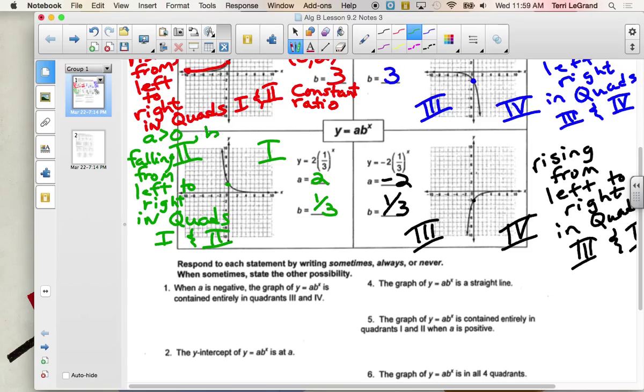And B we're going to have to write a little bit differently, you guys. It's going to be written as a compound inequality: B has to be between 0 and 1. That's how we would write that. So A is greater than 0, it's a positive number, and B is between 0 and 1. This is the behavior we can count on, falling from left to right in quadrants 1 and 2.